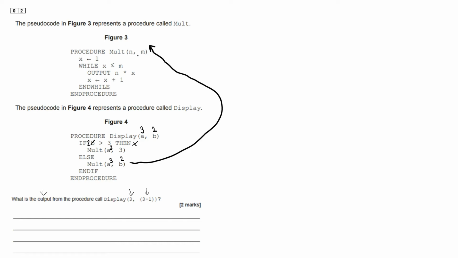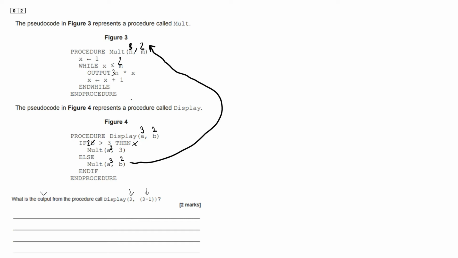We've got some new parameters n and m, but we're still passing the numbers 3 and 2 into there. So x is 1, while x is less than or equal to m, m is 2. Output n, which is 3, times x, which is 1 the first time, then x equals x plus 1.